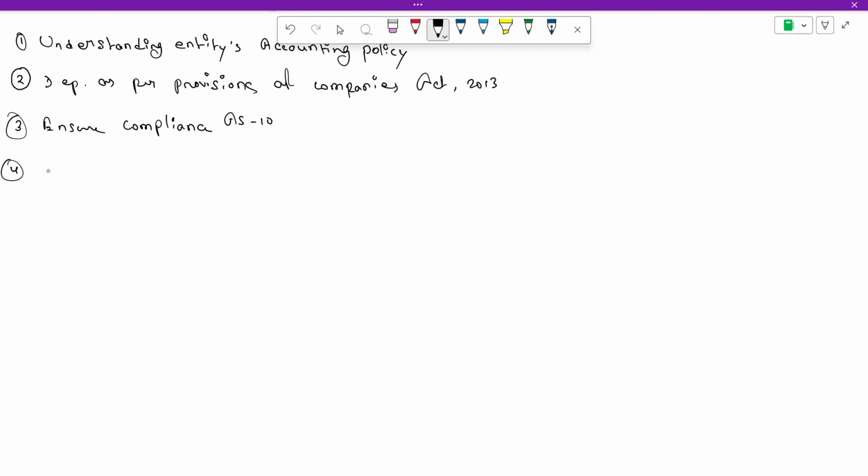Ensure that the depreciation is charged for a proper period.